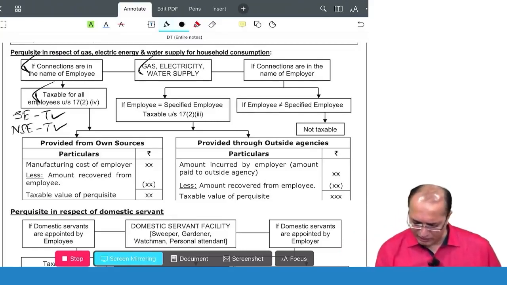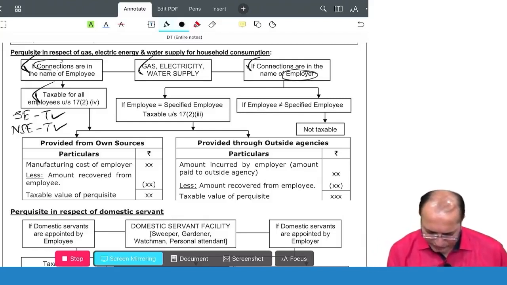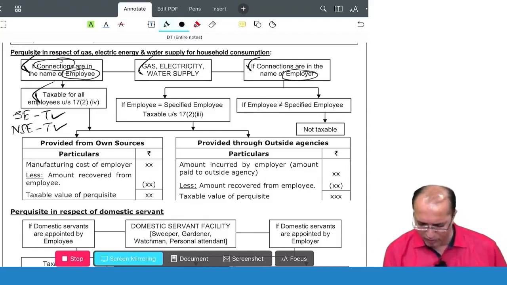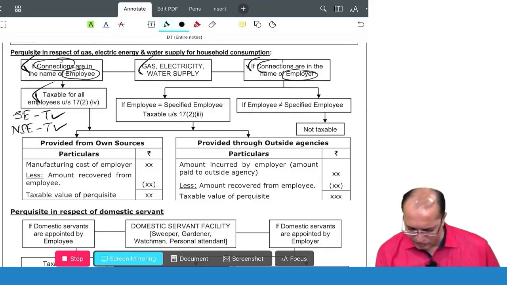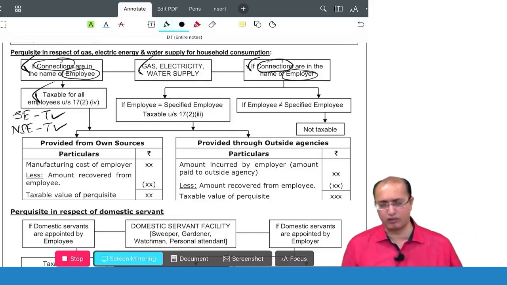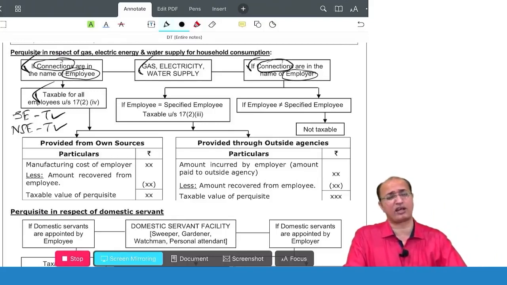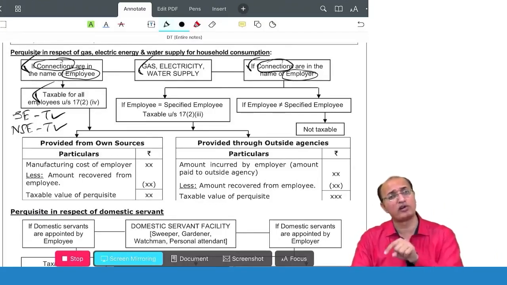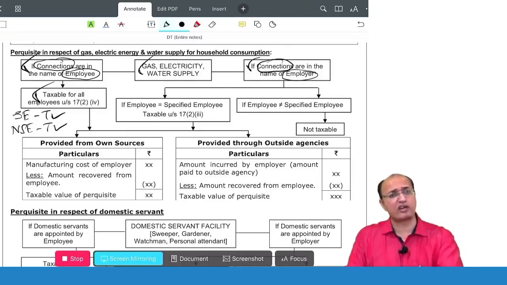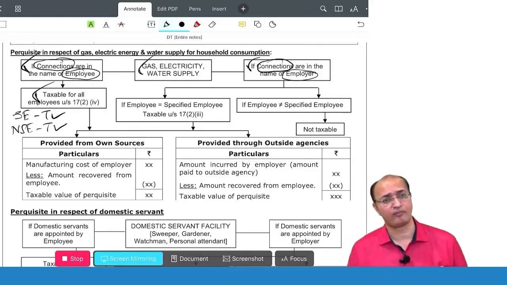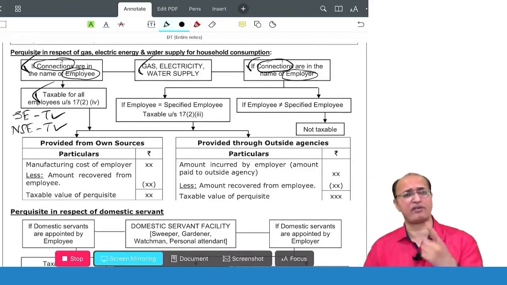On the right hand side, we say that the connections are in the name of the employer. On the left hand side, the connections were in the name of the employee. When the gas, electricity and water supply connections are in the name of the employer, when he has provided you an accommodation to stay, all connections in that accommodation will be in the name of the employer.